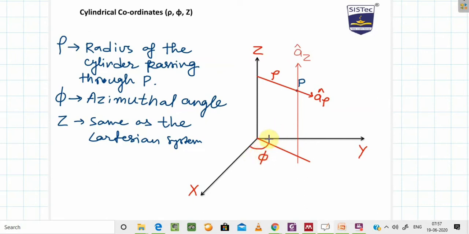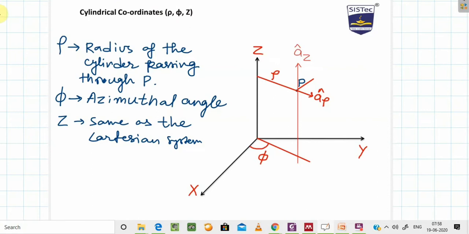So obviously the phi will be in this direction, because it is acting tangentially to phi, so it can be written in this direction.